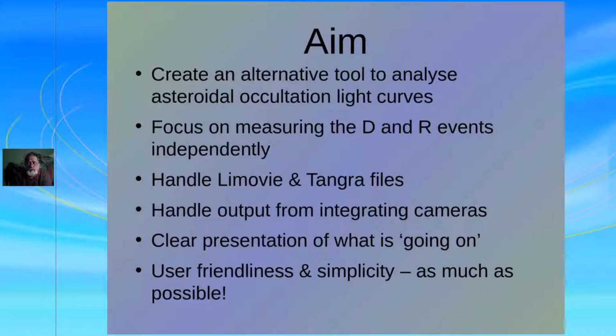The aim was to handle both line movie and Tangra files, to handle output from integrating cameras. A major issue for me was to have a very clear presentation of what is going on, so that you could see as much as possible how the fit was made to the observations, and to try to make it user-friendly and have simplicity, which is a noble objective and something which is fairly hard to achieve in this area. Next slide.